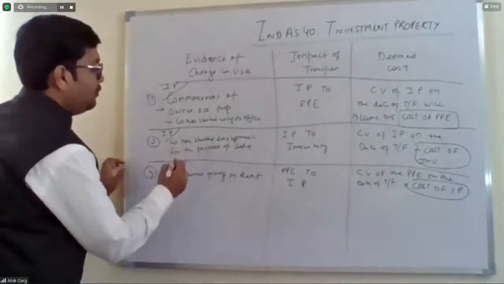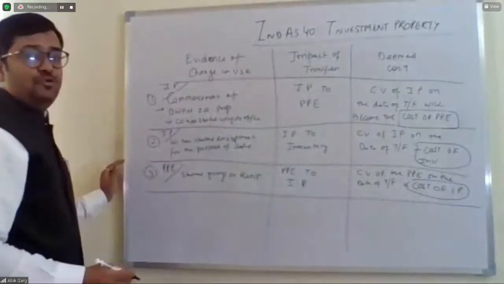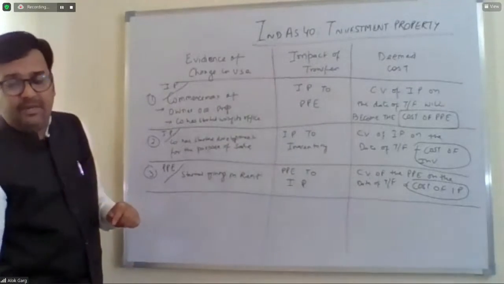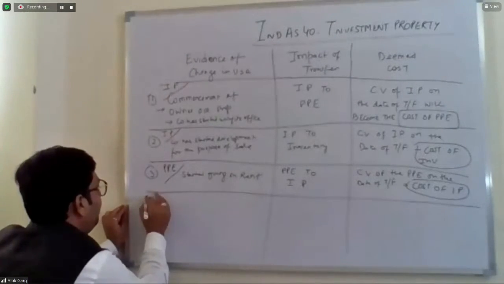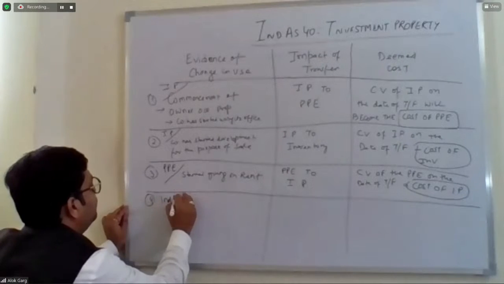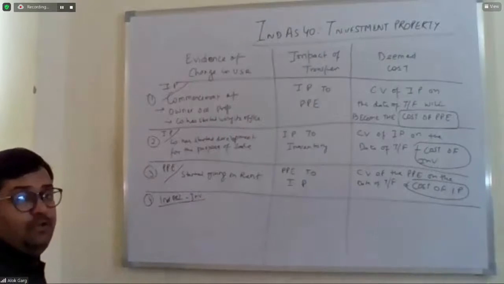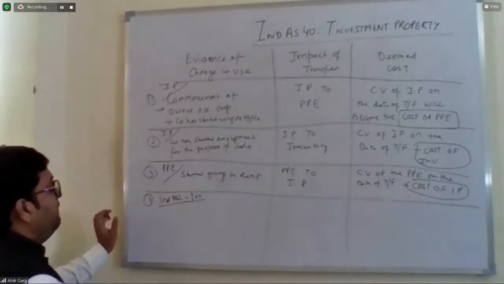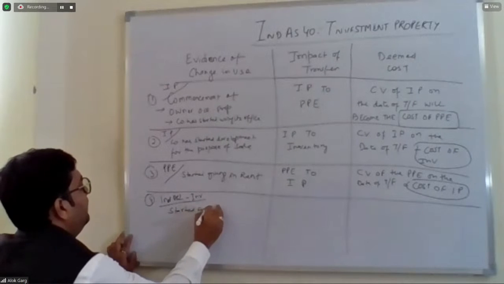Earlier the property was used as inventory. The company wanted to sell a property, a building. Point number 4. Earlier it was shown as inventory, Ind AS 2 inventory. But now the company wants to give that particular building on rental basis, started giving on rent.